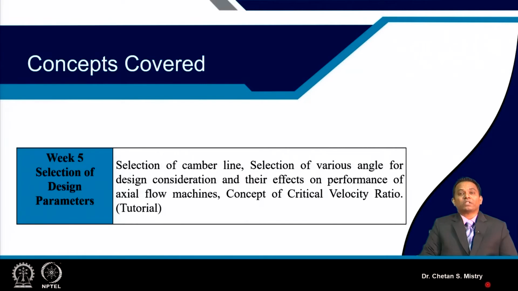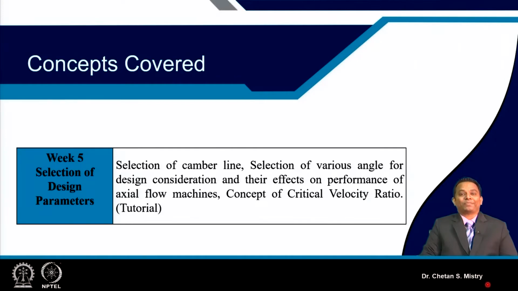We discussed the circular arc camber line, the parabolic arc camber line, and the double circular arc camber line, and we realized that as per our requirement we can modify the shape of the camber line, and accordingly, for a specific thickness using a particular aerofoil, we are able to get the flow passage.